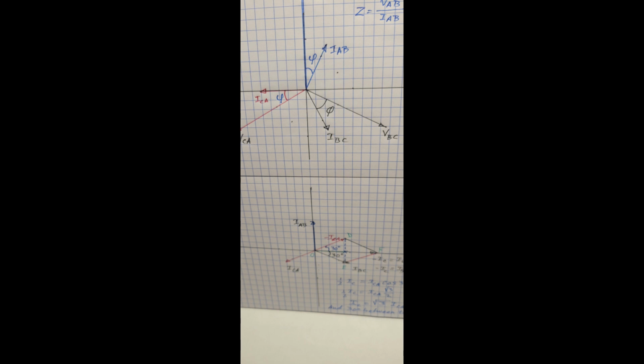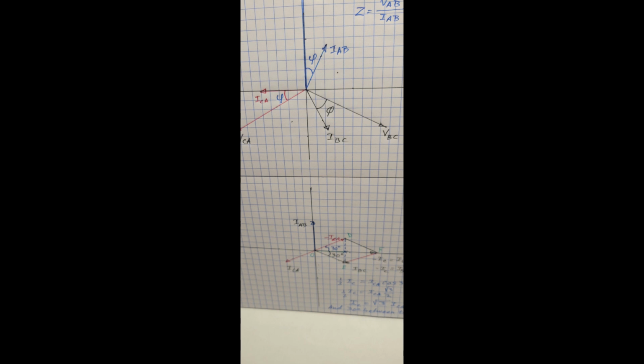Here I consider a phase angle phi between the current and the voltage. Because the voltages are of equal value and follow one another by 120 degrees, the currents will also be separated by 120 degrees.